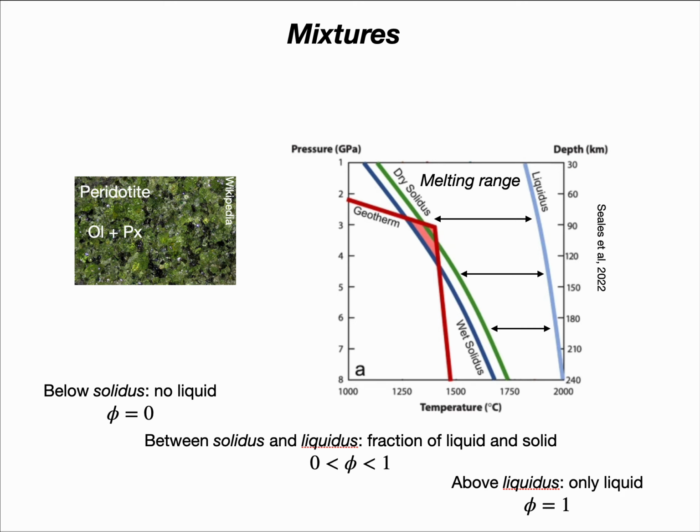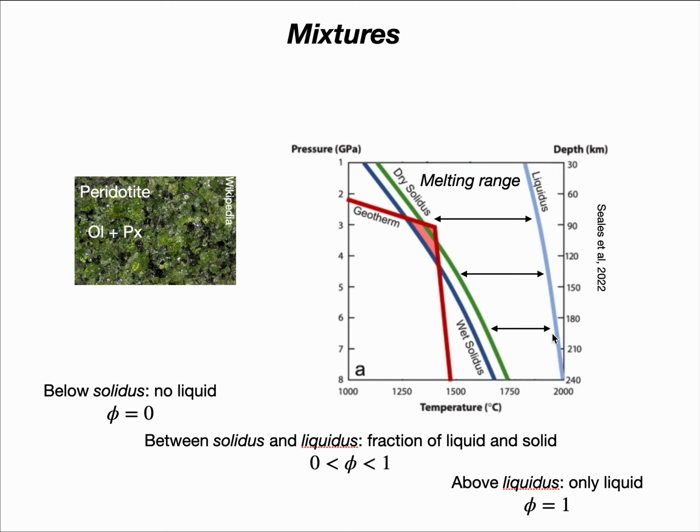And if one wants to melt peridotite, you all know that there is a solidus and a liquidus. So the solidus is basically the temperature at which the first melt will be produced. So the most fusible content will start melting.